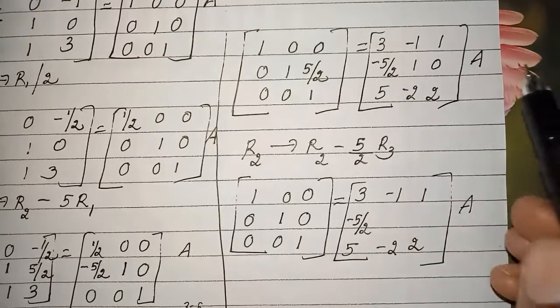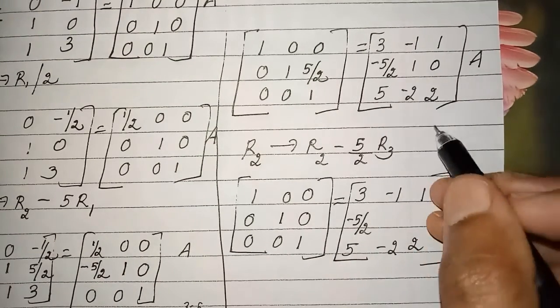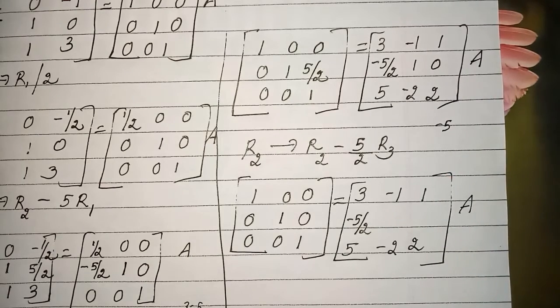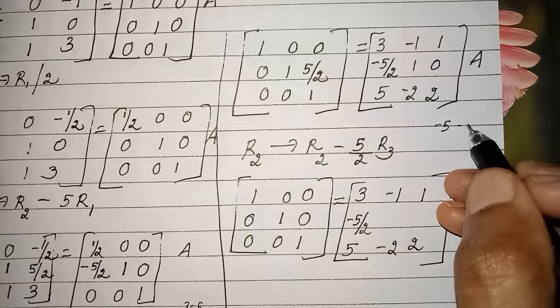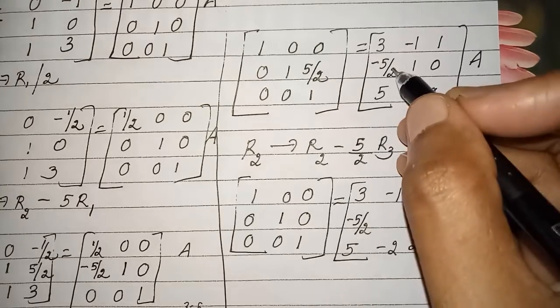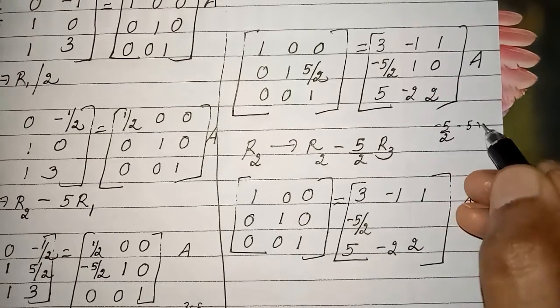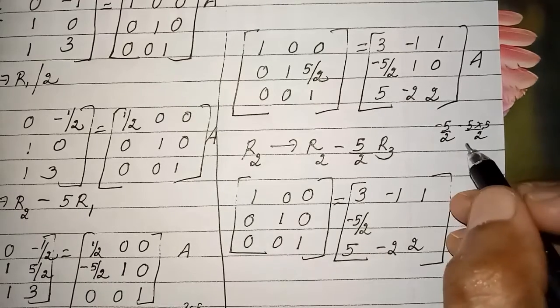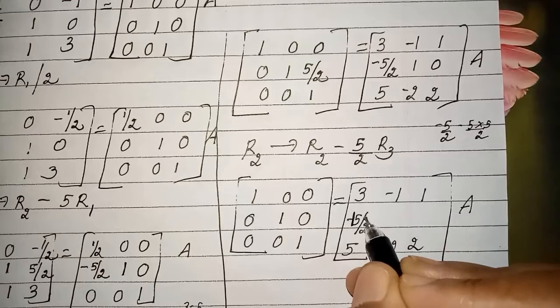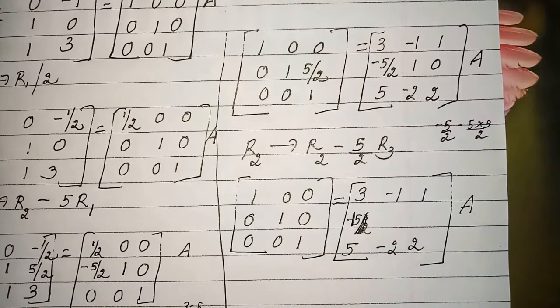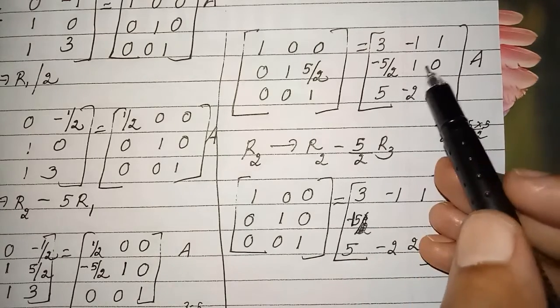Now what about here? Here it is minus 5. Minus 5 by 2. Now this is minus 5 by 2. Minus 5 into 5 by 2. Yes, so it is minus 30 by 2. So that is minus 15. Okay. And what about here?